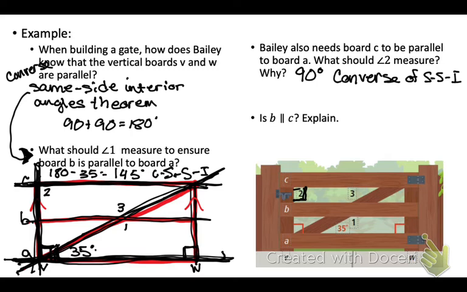Yeah. Why? Because we said that A was parallel to B, and A was parallel to C. So B and C are parallel. Why?